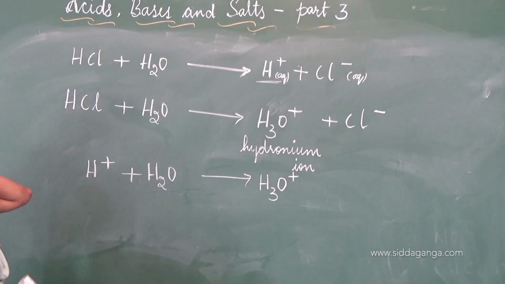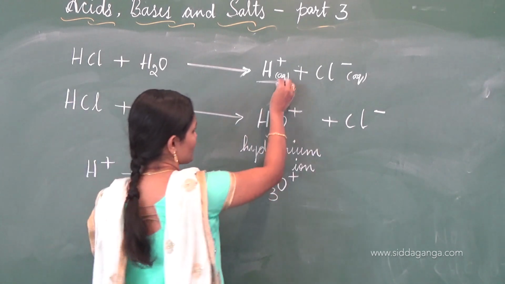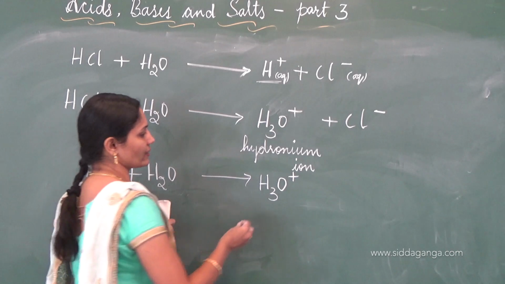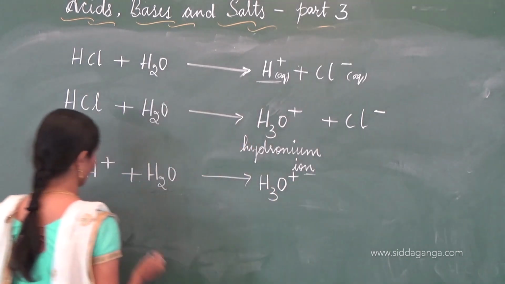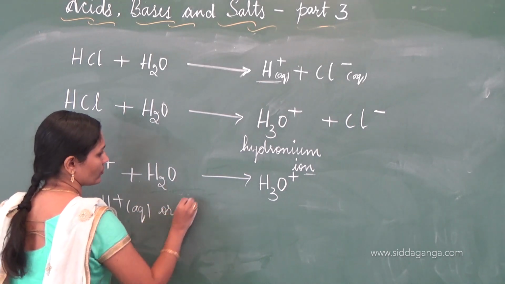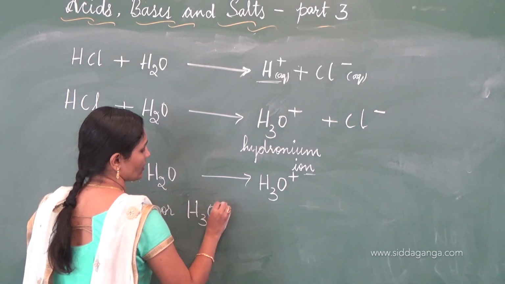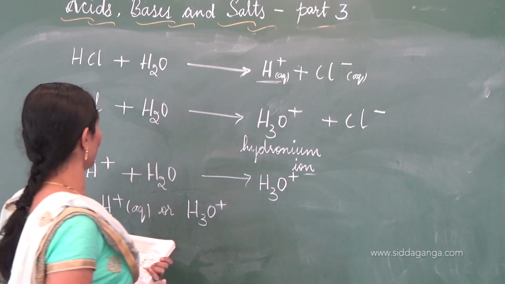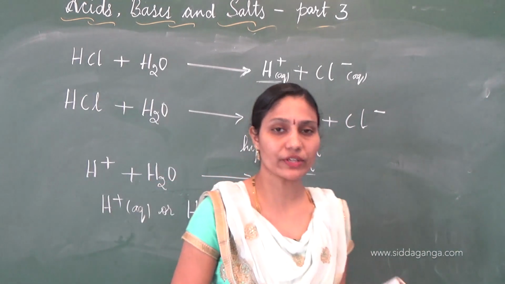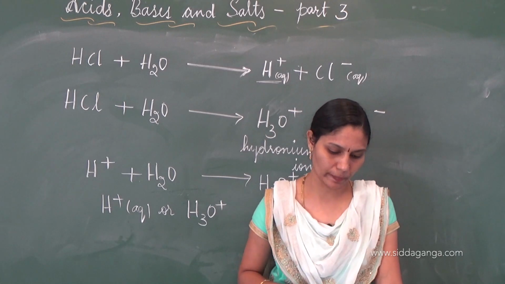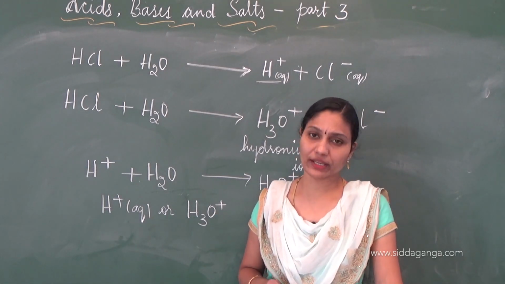So that is the reason we always mention aqueous with H+, or simply write hydronium ion, H3O+. So this is what we saw when acids dissociate in water. Do acids produce ions only in aqueous solution?